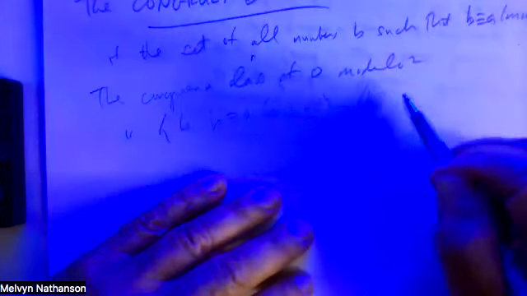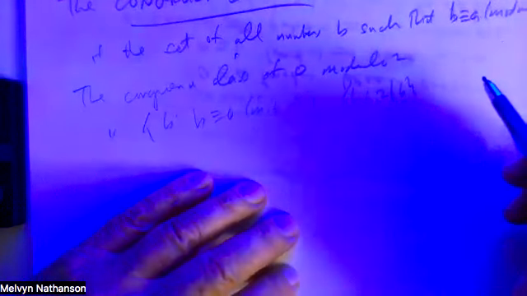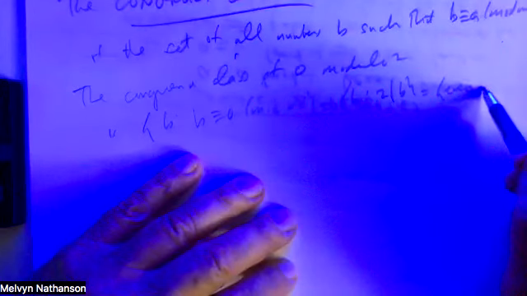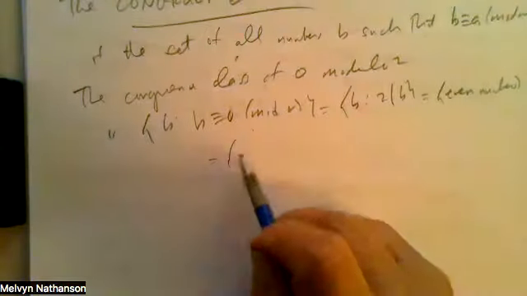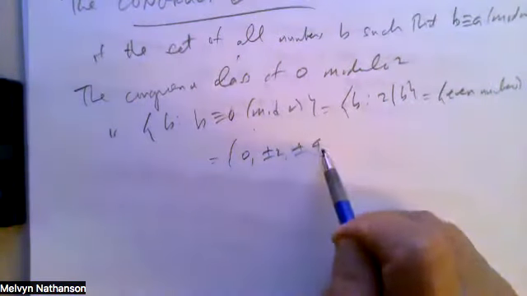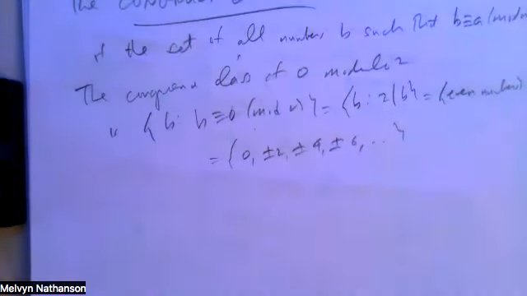This is all numbers B such that 2 divides B. B minus 0 is B, 2 divides B. What do we call the numbers divisible by 2? The even numbers. So this congruence class of 0 mod 2 is the set of all the even numbers. Right? 0, plus minus 2, plus minus 4, plus minus 6, and so forth. This is our first example of a congruence class.